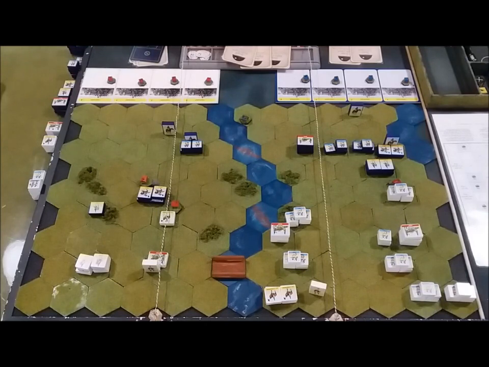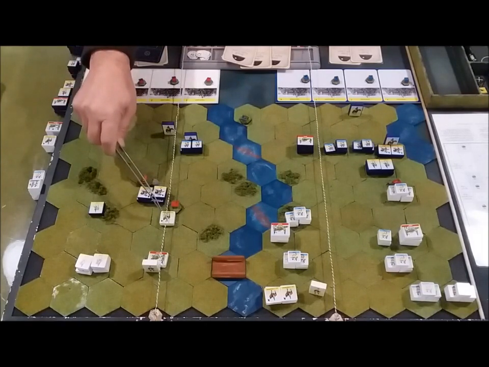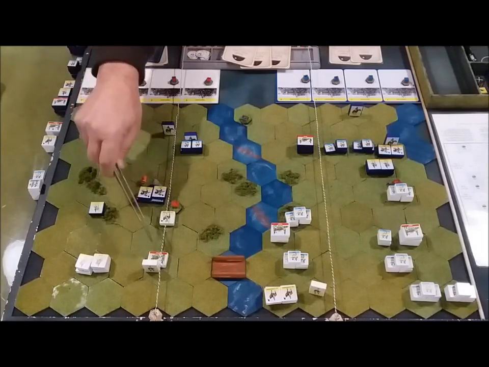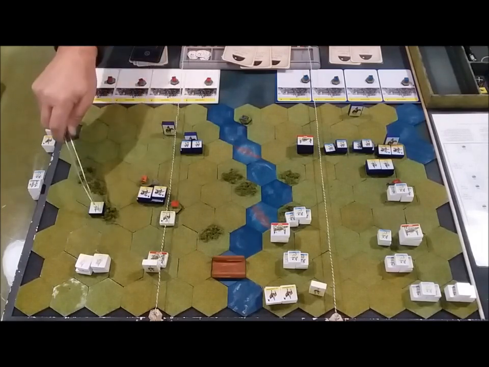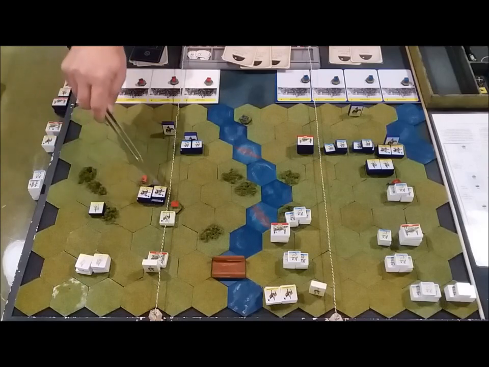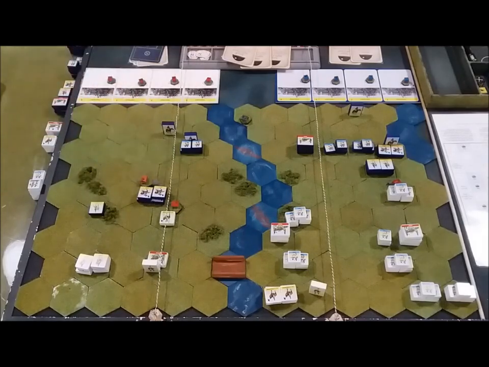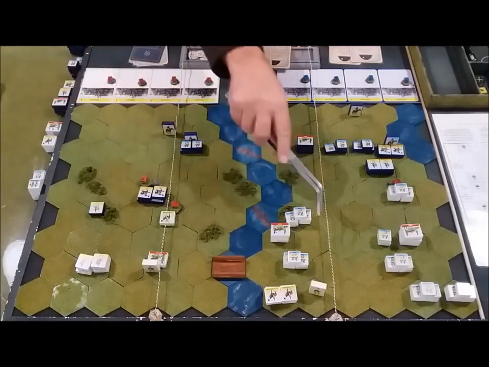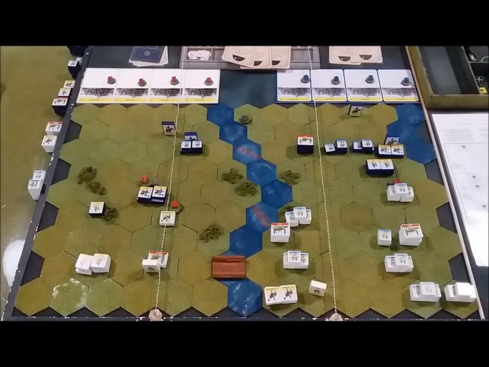If we can do that, then the heavy cav can move forward and take that. Then they can move forward 1 more and try and take out this, whilst the light cavalry comes over into one of these hexes to try and hold. So that's right flank, and I think that's a pretty good idea, just to whittle this down further before they can get more forces over there.